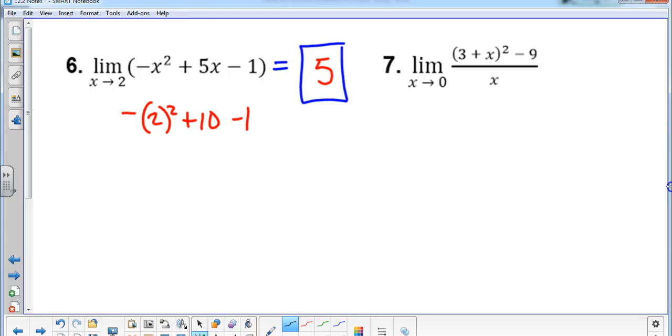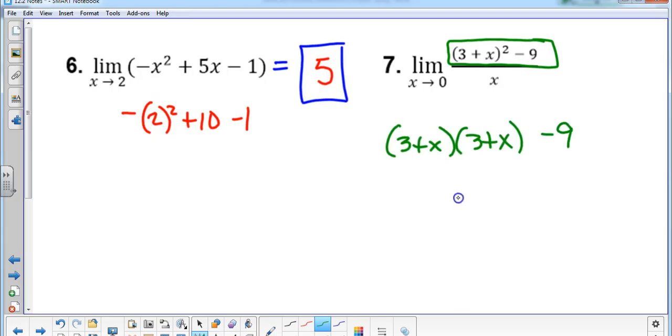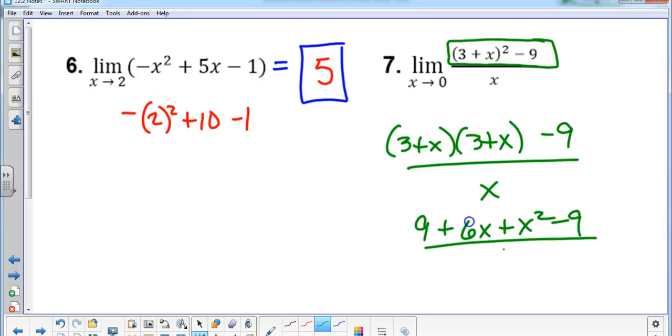All right. I would like to show you, though, algebraically what we can do here. If we expand and simplify this top, what does (3 plus x) times (3 plus x) minus 9 become? 9 plus 6x plus x squared minus 9, all over x. What does the top still simplify down to? 6x plus x squared over x.